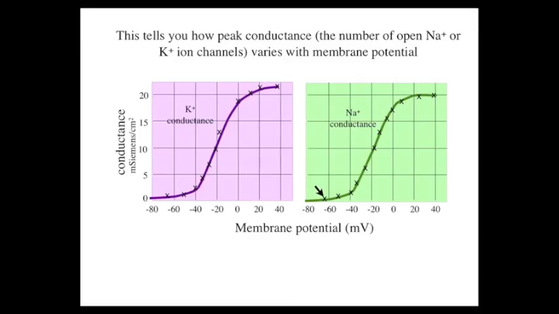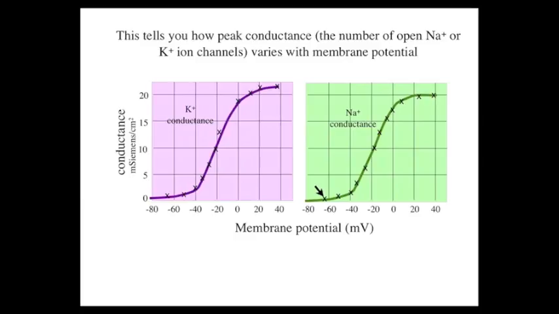These graphs show how the peak conductances, the number of open potassium or open sodium channels, vary with membrane potential. The graphs are sigmoidal in shape. That is, at very low membrane potentials between minus 60 to about minus 40 millivolts, each small change in membrane potential only causes a correspondingly small change in either potassium or sodium conductance.